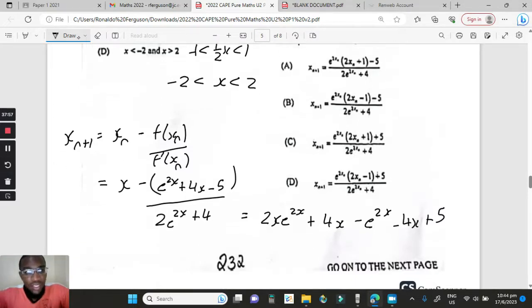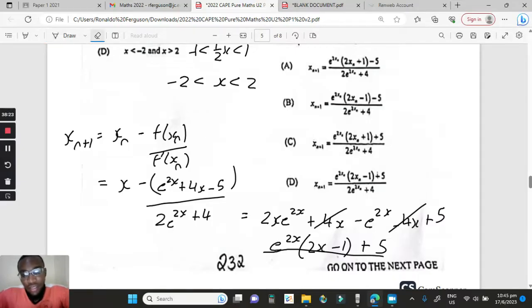From the numerator, notice what they have in common. Can factor out the e to the 2x. We're left with 2x here, and this is 2x minus 1, and the 4x minus 4x cancel. Then I have plus 5. So this is the numerator part, over the denominator.